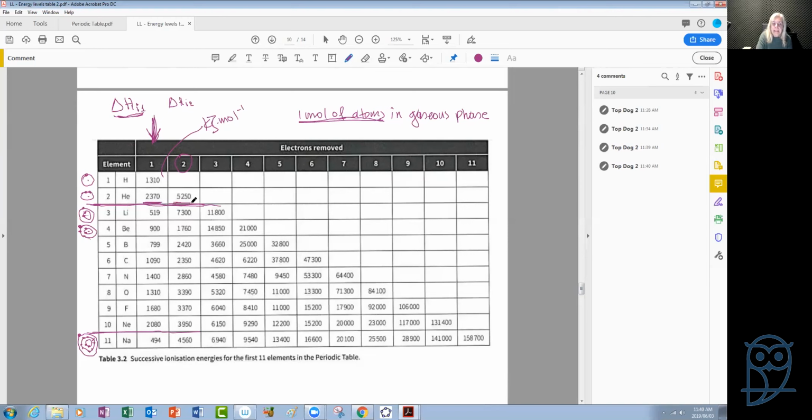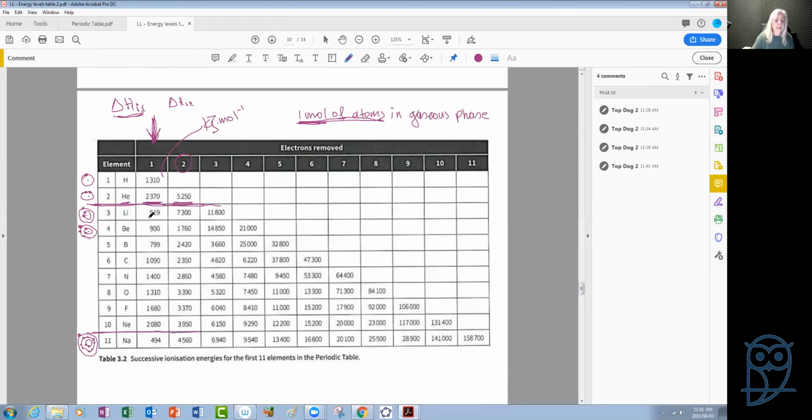Then this energy here will be the energy necessary to remove the second electron from this ion that is left after removing the first electron. So from the second ionization energy and beyond, we're talking about the energy necessary to remove an electron from the remaining ions from previous removals of electrons. Always talking about 1 mole of atoms or ions in gaseous phase.